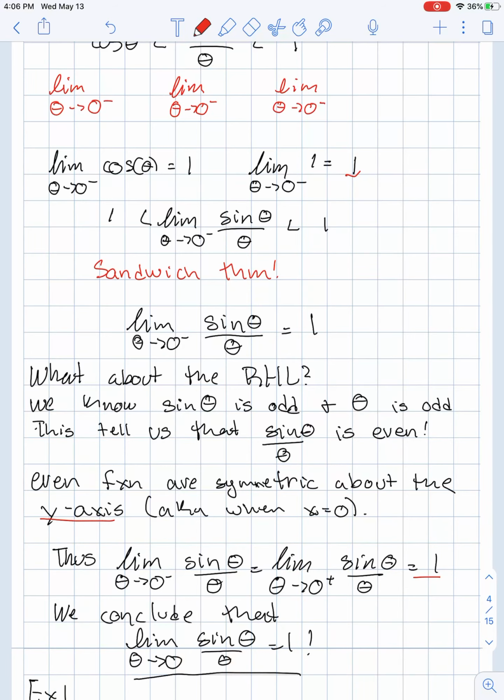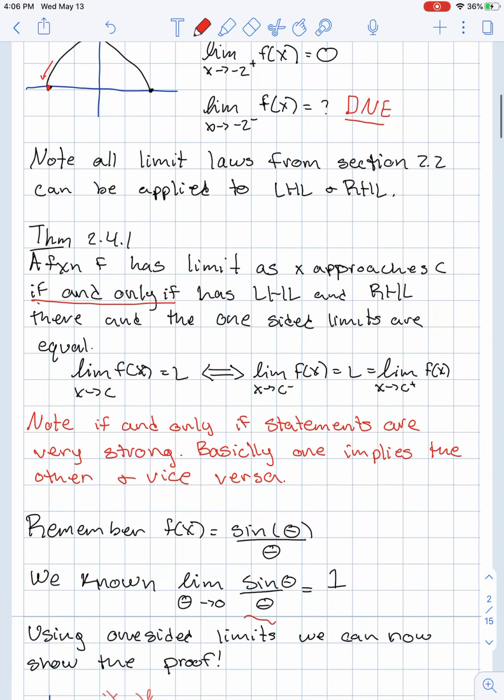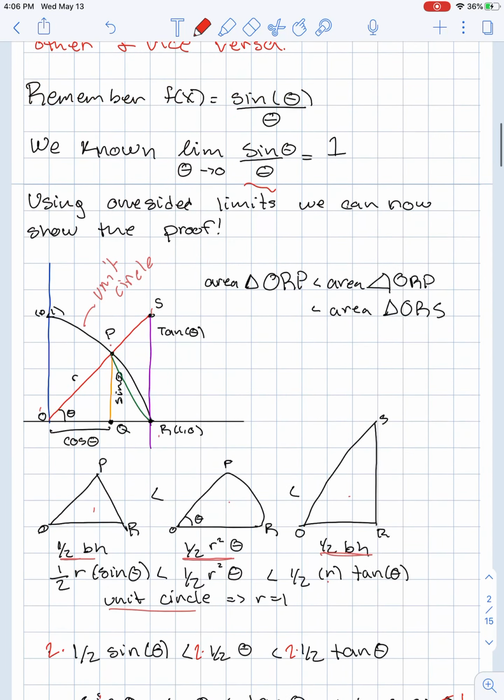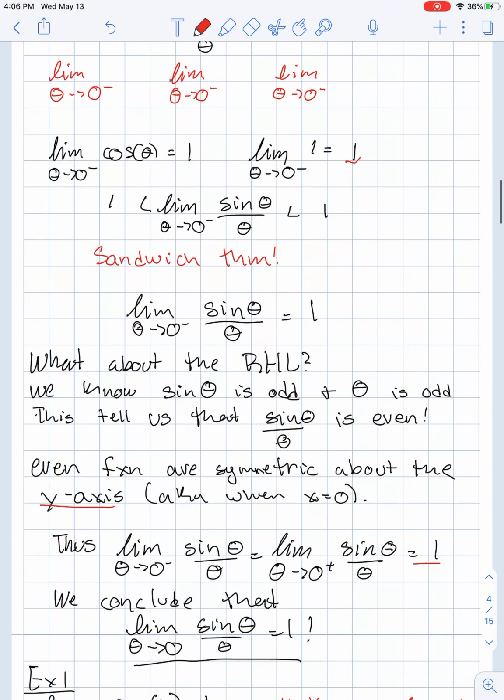Well, that's my definition up here, right? I have that these two are equal. Well, that now tells me that this limit exists and it equals that same limit. So then we can conclude that sine of theta divided by theta as theta goes to 0 is equal to 1. Ta-da! So that's the whole proof.